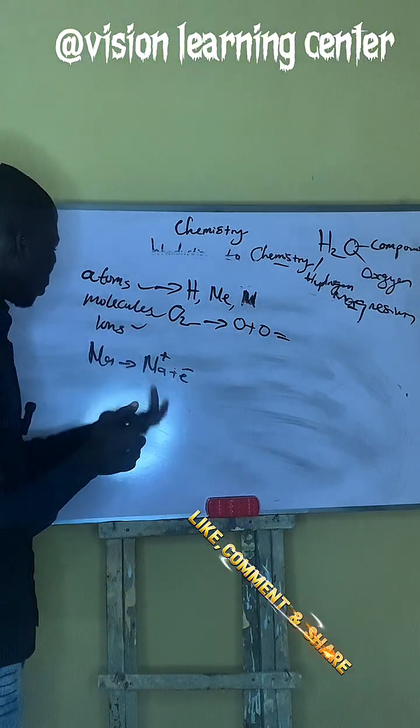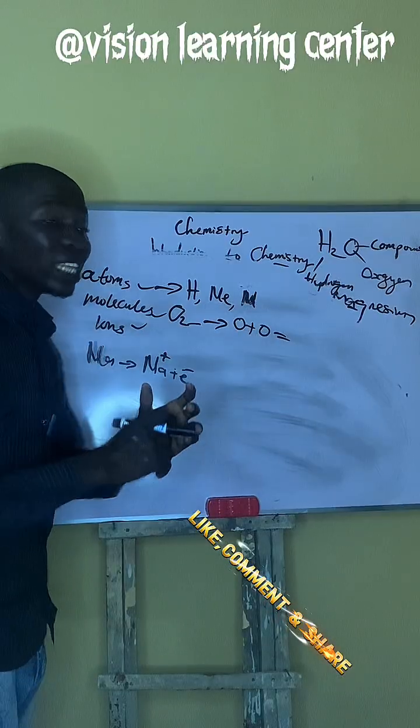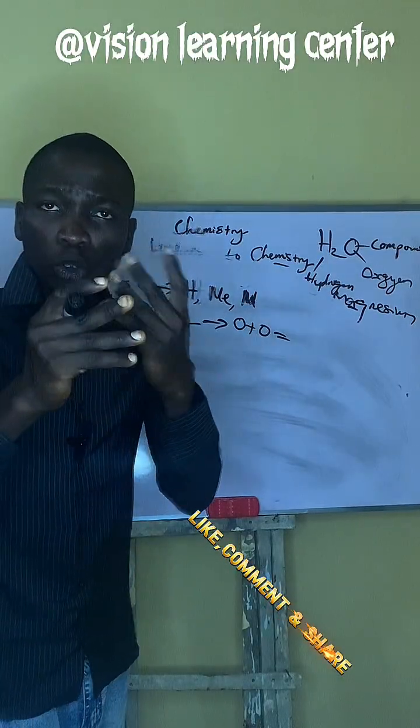There are many examples of ions. First of all, they are of two types.